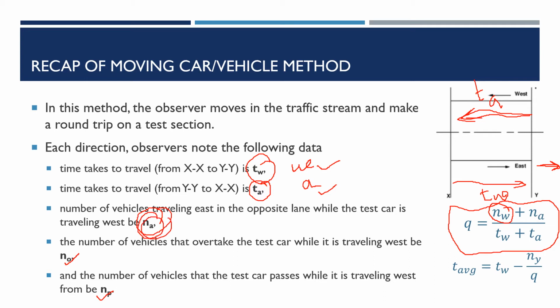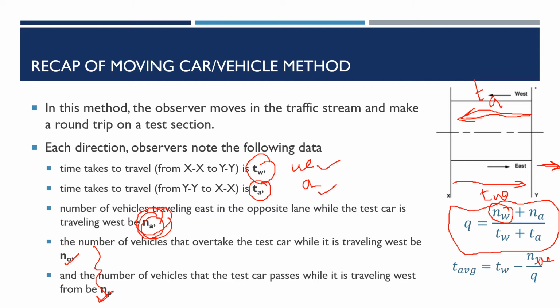So I'm using these two together, NW and NA, as the numerator, and TA plus TW would be your denominator. From this you get the flow, and you can calculate T average is equal to TW minus NW by Q.